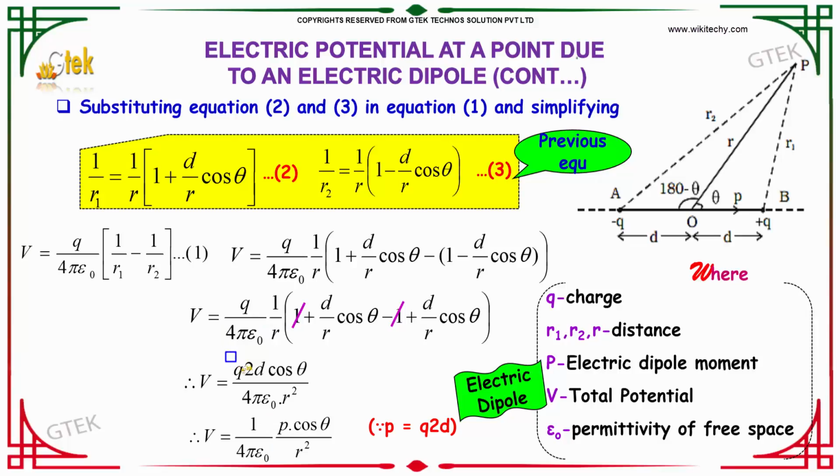So this q2 into d can be substituted as p, that is the electric dipole. So now the equation will become 1 divided by 4 pi epsilon naught p into cos theta divided by r square.